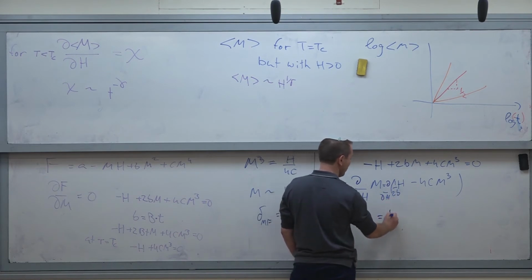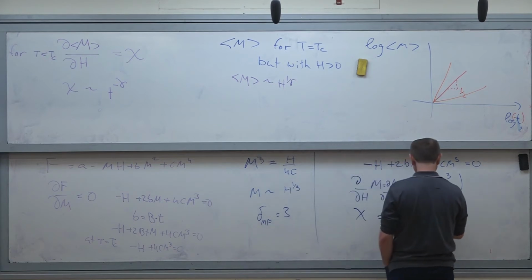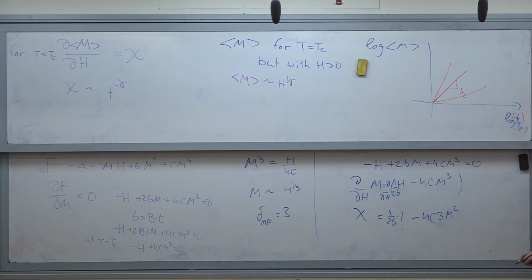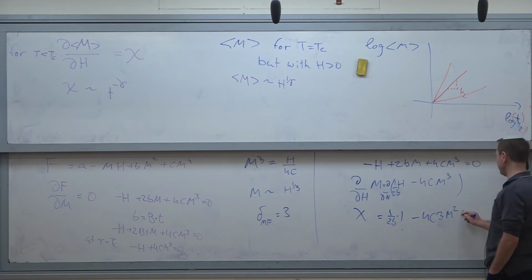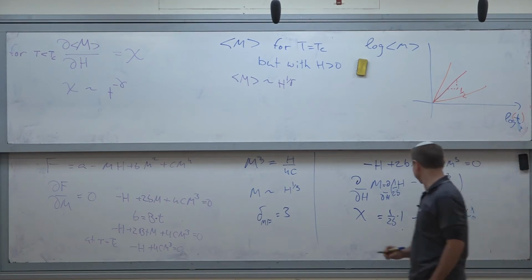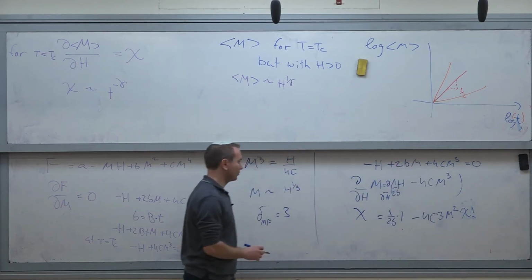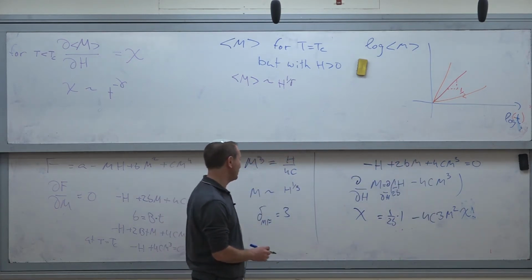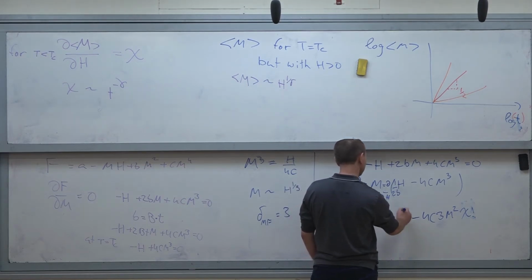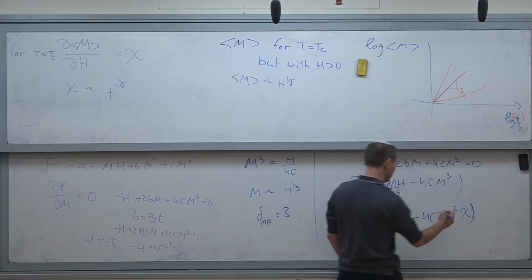Further, we have 1 over 2b multiplied by 1 minus 4c 3m squared multiplied by, again, d xi, or I'm sorry, xi. The 1 over 2b should be outside of the parenthesis. So this is this, right?